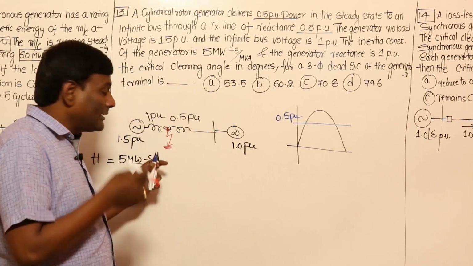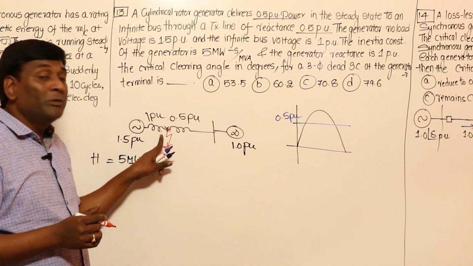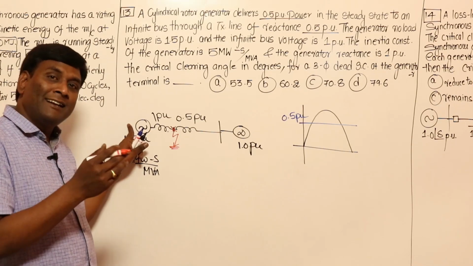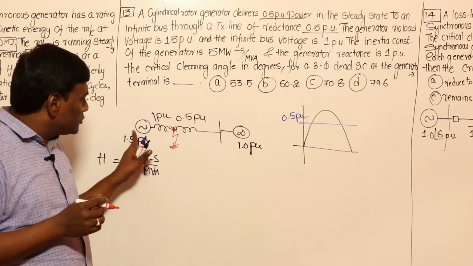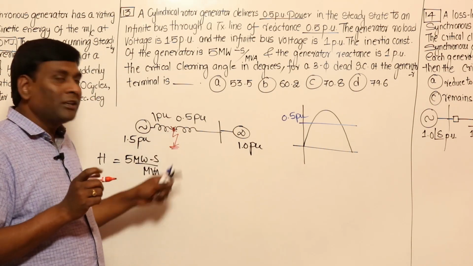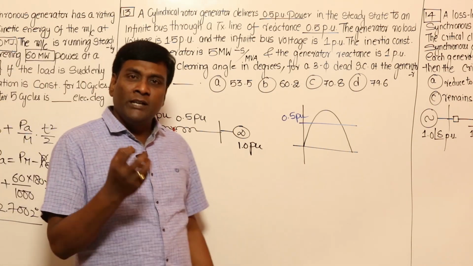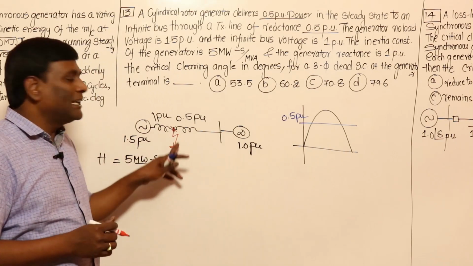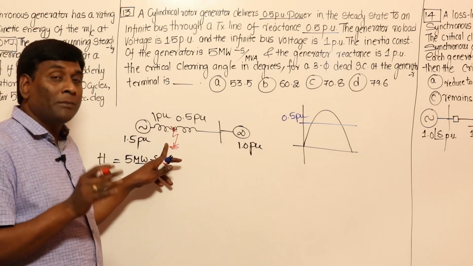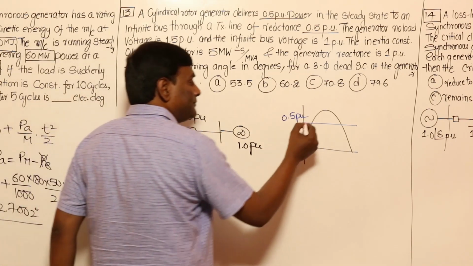Now the moment a fault occurs, how much is the electrical power from the generator rotor point of view? Faults are completely reactive. In faults, the fault current is huge and demands reactive power, so it is going to be zero power factor lag. So the active power output has come down to 0.